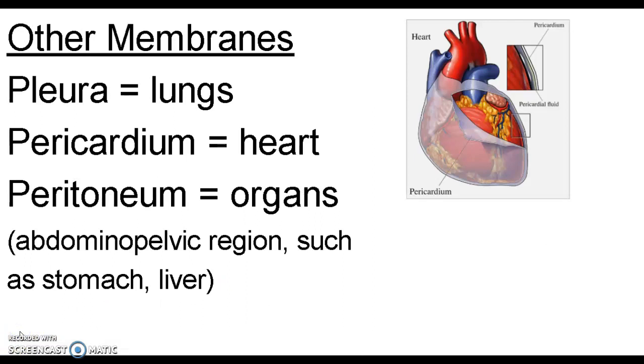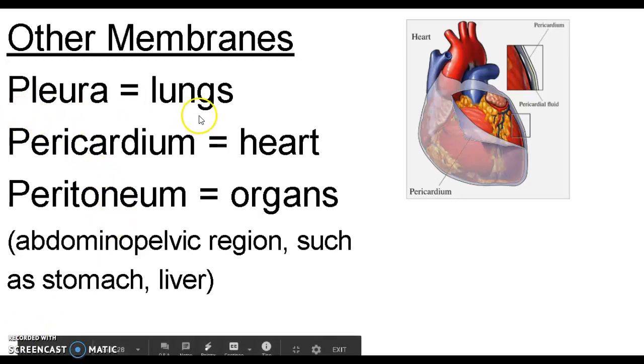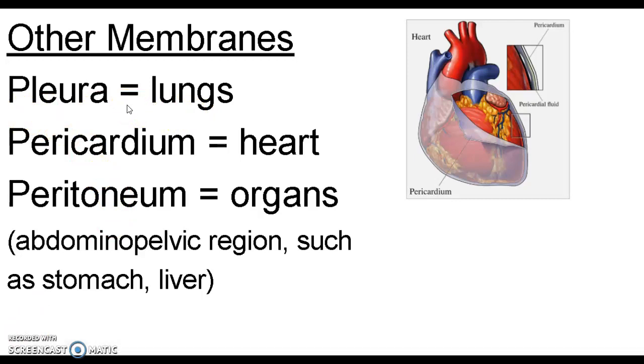So those two major types of serous membranes, the visceral and parietal membranes, can be further broken down based on the organs that they surround. So, for example, you can have the pleura. You can have visceral pleura and parietal pleura. These membranes surround the lungs. You could have pericardium. That means heart.